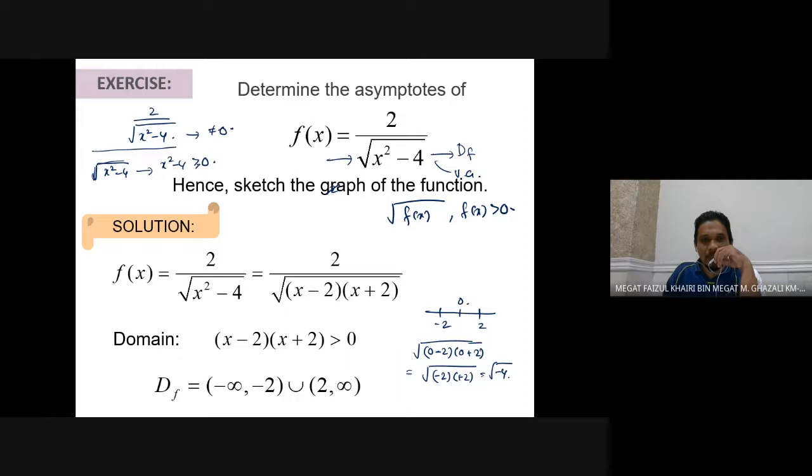But then because the denominator cannot be equal to 0, we clear the sign of equal. So we only have the sign of greater than. So this is the domain of this function, negative infinity until -2 and 2 to positive infinity. Okay, I'm sorry for my mistake just now. Saya pun tak perasan tu.